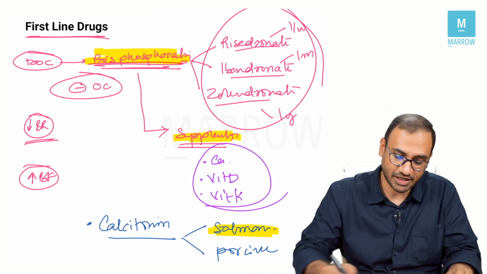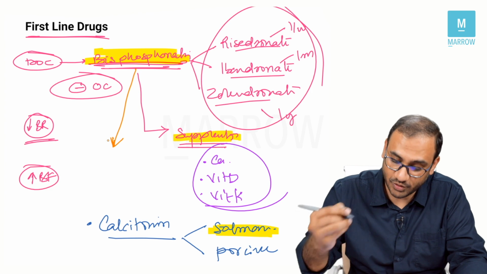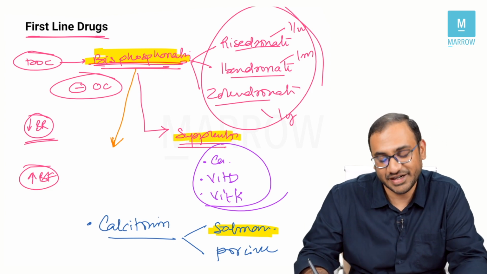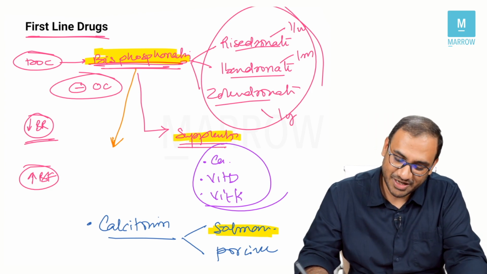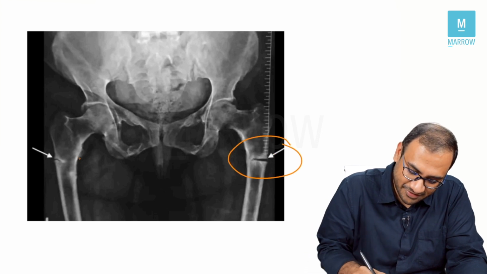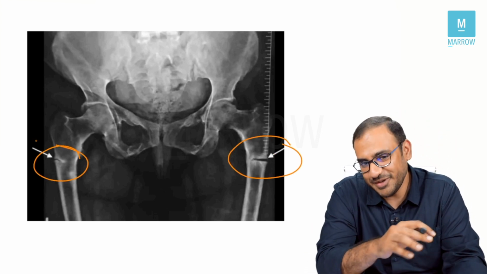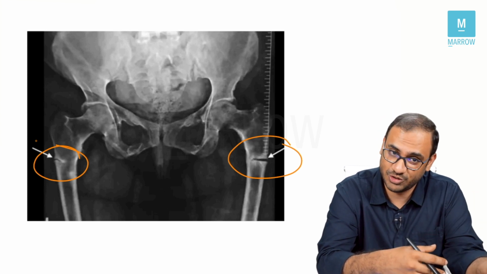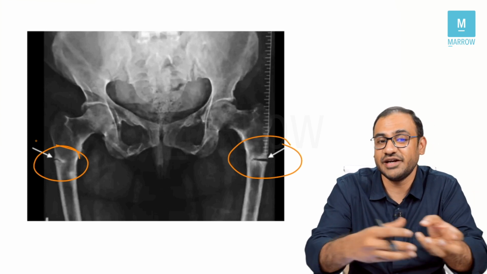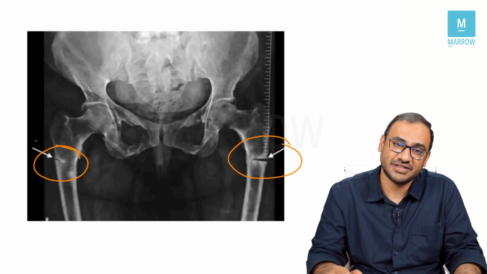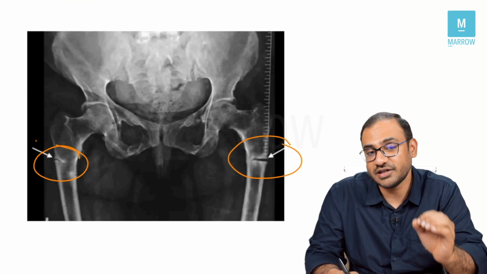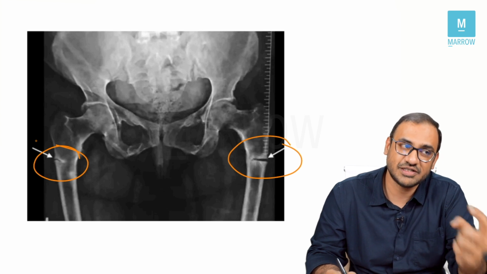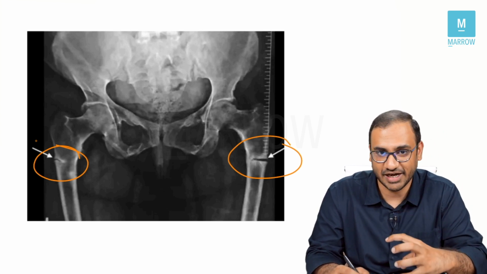Now, the challenge here is that if you give bisphosphonates for a long duration, there is a complication, and that complication is your typical subtrochanteric fractures. So, this will be a patient who has consumed medication to prevent fractures in osteoporosis, yet is presenting to you with a fracture. This is because of the long-term action of bisphosphonates. See, bisphosphonates inhibit osteoclastic activity.